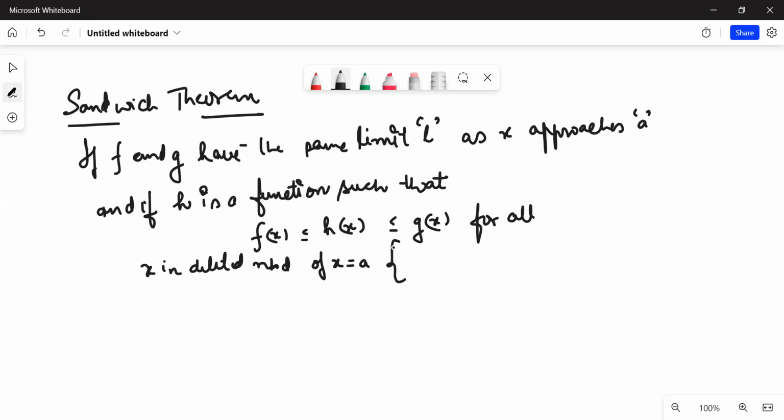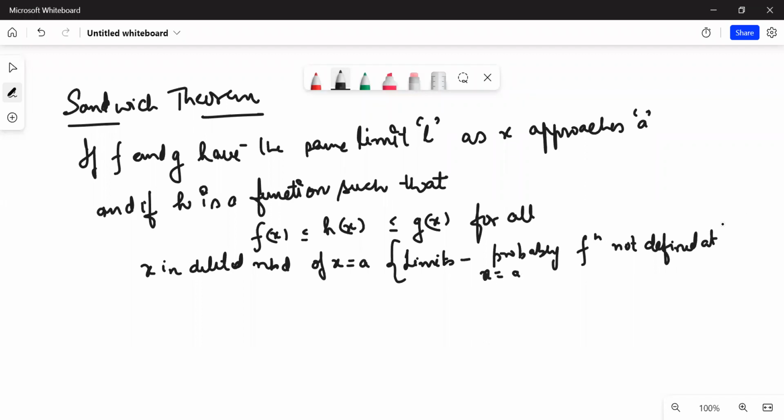Again, I've told you on the very first day that while we want to evaluate limits, it may be possible that the function is not defined at x equal to a.